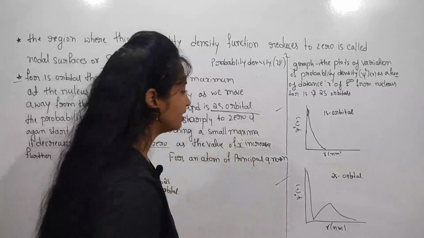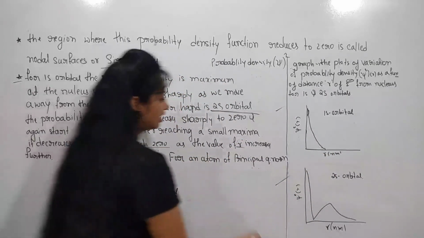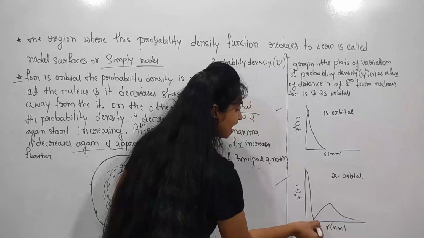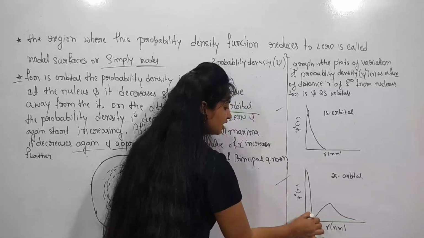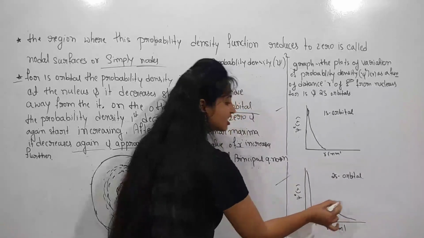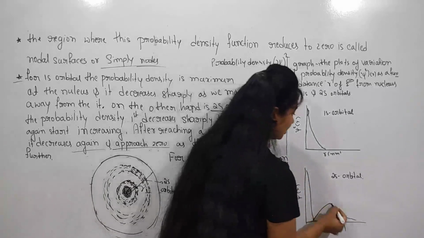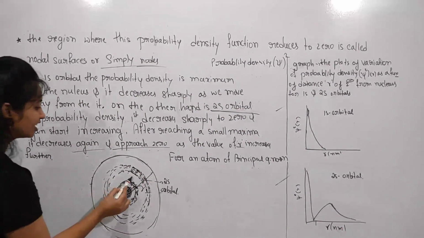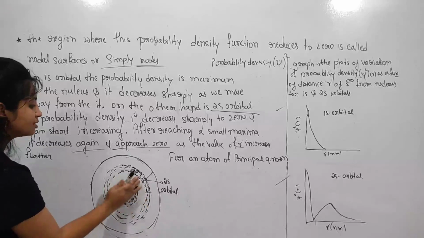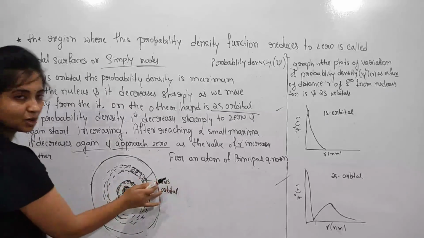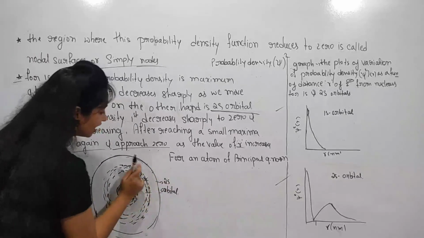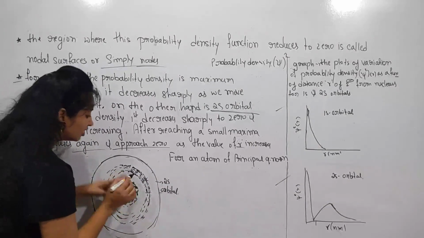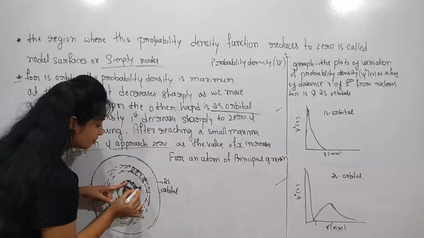In a 2s orbital, the probability density first decreases, at a certain point it increases again, and at a certain point it decreases again. Here we have an empty space for the 2s orbital, and here also, where the probability density becomes 0.